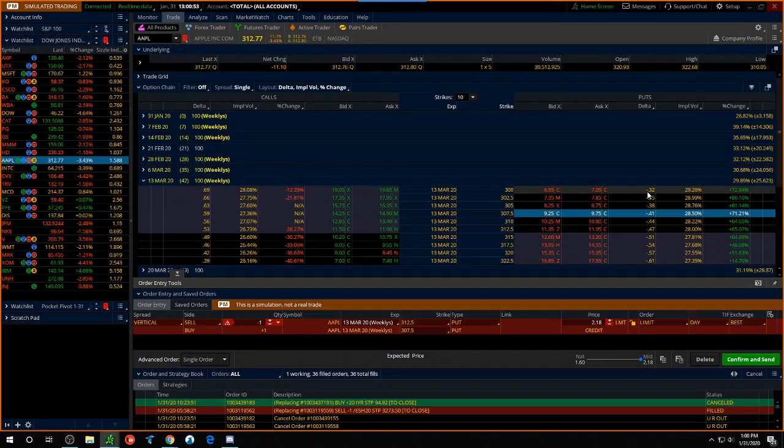If this thing goes all the way to zero and I have to spend no money to buy it back, I will happily buy it back for no money. That means I get to keep all the credit. Okay? So every day that the market goes and stays above this value, and the time decay comes in and sucks the life out of this option, we buy it back and we close the trade for profit.